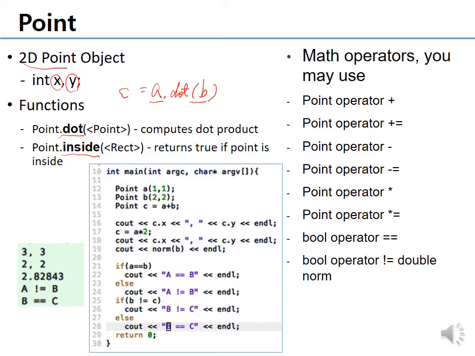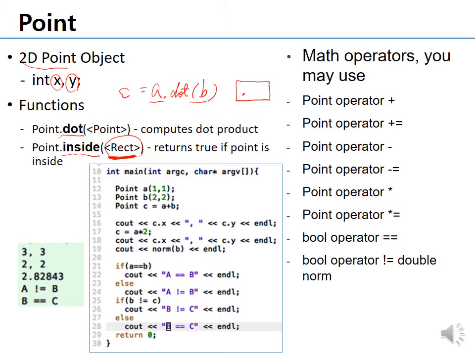And there is point.inside(rect): if there is a rectangle object and we give the rectangle object and the point, we can check whether the point is inside the rectangle or not. It returns true if the point is inside.